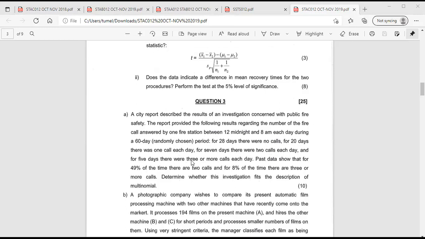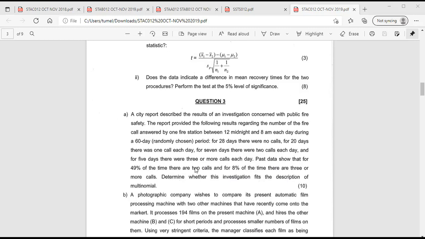And for 5 days, there were 3 or more calls each day. Past data shows that for 49% of the entire time, there are 2 calls.